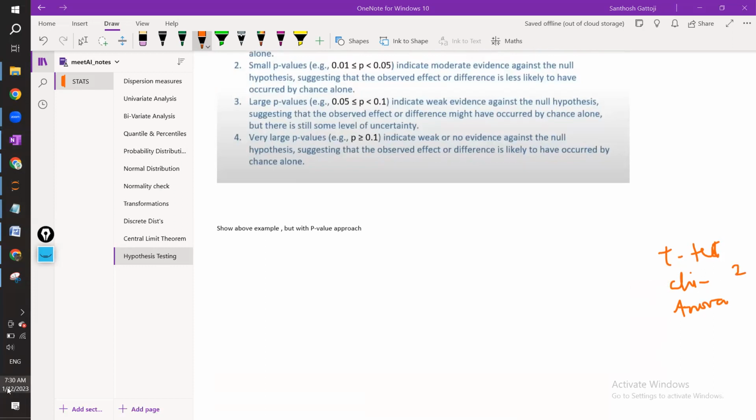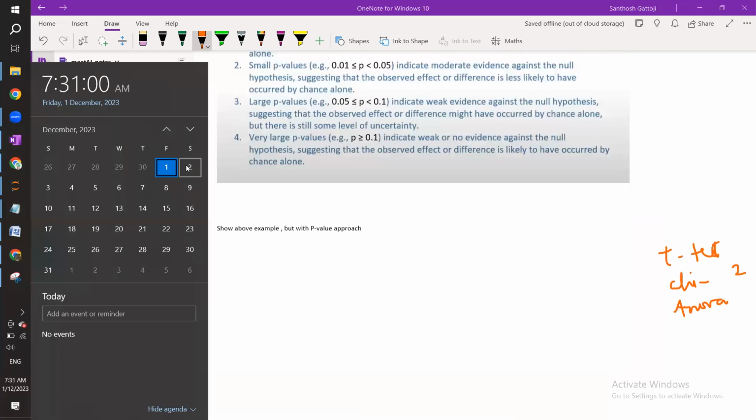Today's is the first, tomorrow will be 1 class, and I don't want to take on Sunday. So mostly on the 4th or 5th we'll try to wrap up the stats module. Then we are going to start the next important concept called NumPy. The goal is NumPy, pandas and matplotlib.